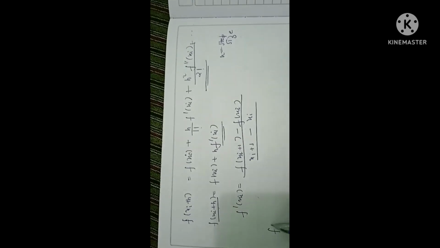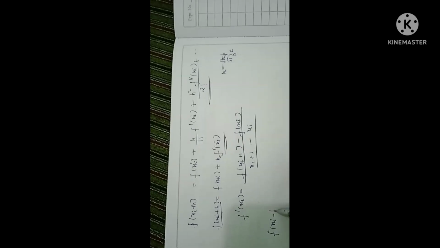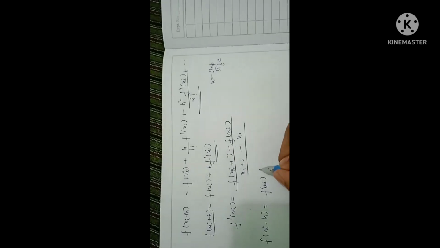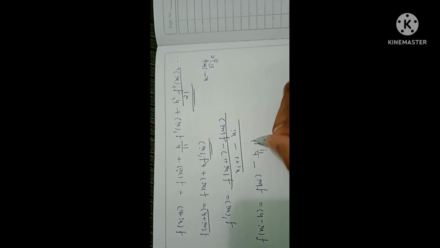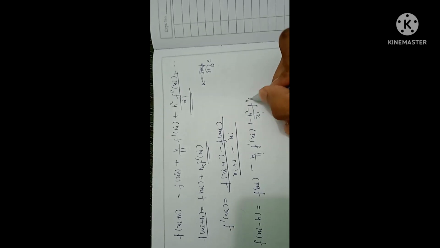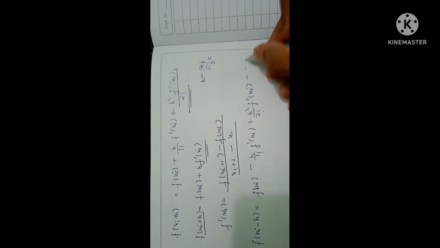Now for backward difference formula we have xi minus h, and here we have f of xi minus h is equal to f of xi minus h upon 1 factorial f dash xi plus h squared upon 2 factorial f double dash xi minus dot dot dot.